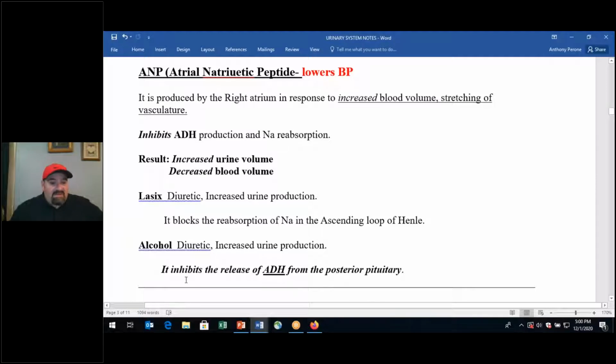It inhibits the release of ADH. So if you drink a lot of alcohol, absolutely, you're going to increase urine production. That's why alcohol is a diuretic. It is inhibiting the release of antidiuretic hormone, which is a water conserver. Okay?